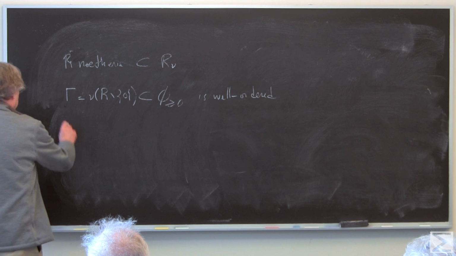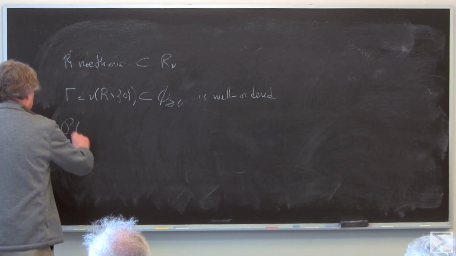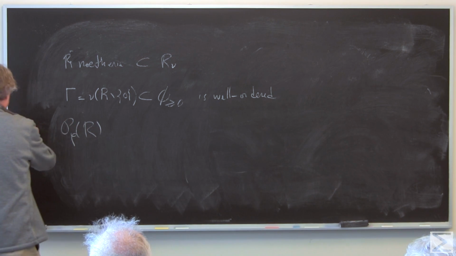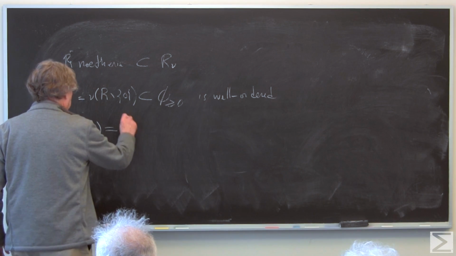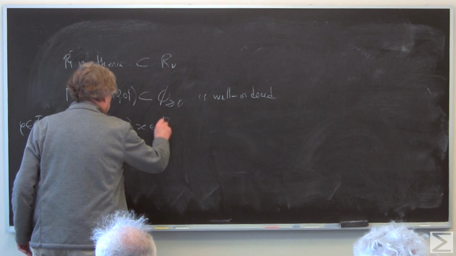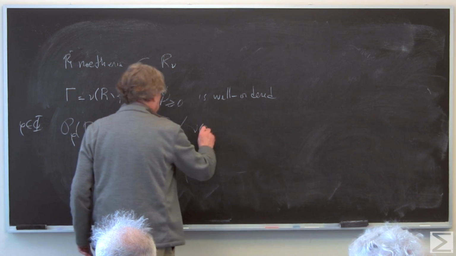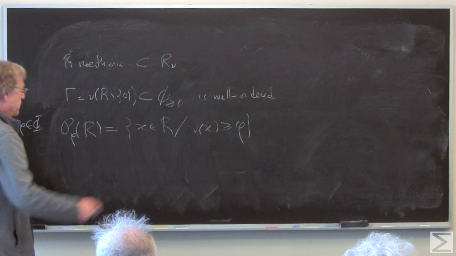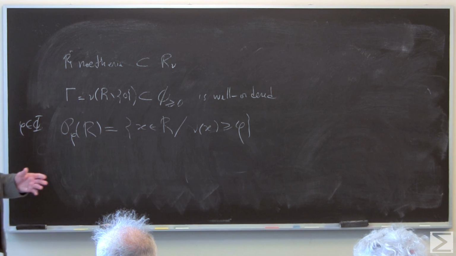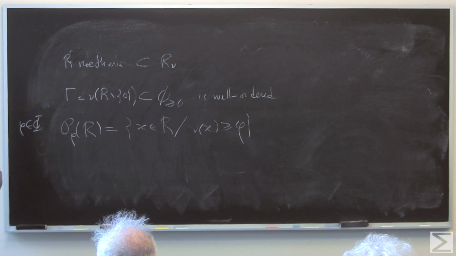Why? Because we look at the ideals: for every phi in the value group, we can define an ideal in R, the ideal of elements whose value is at least phi. I told you what was important with valuations is that they measure the order of vanishing. So when you have a measure, you always try to find a filtration, which explains to you how the measure behaves.